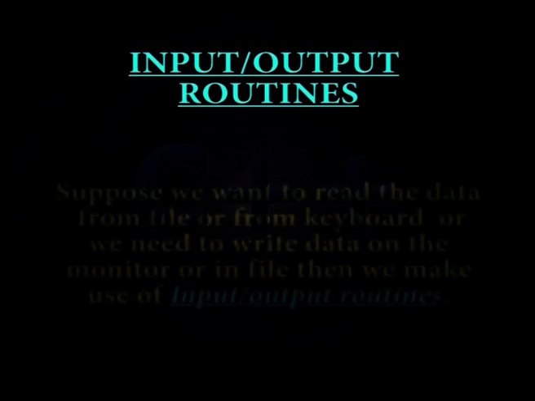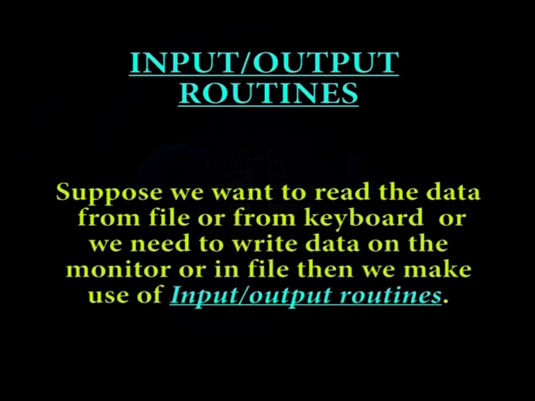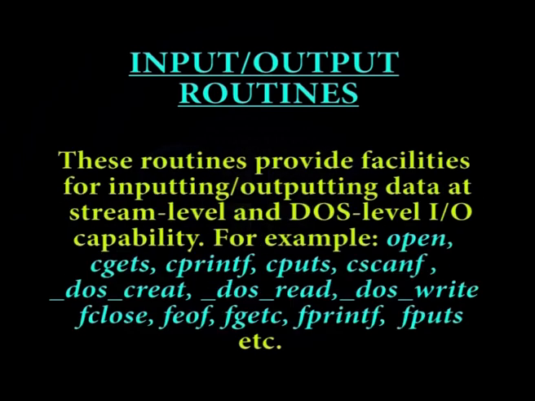Input-output routines. Suppose we want to read data from a file or from the keyboard, or we need to write data on the monitor or in a file, then we make use of input-output routines. These routines provide facilities for inputting and outputting data at stream level and DOS level I/O capability.